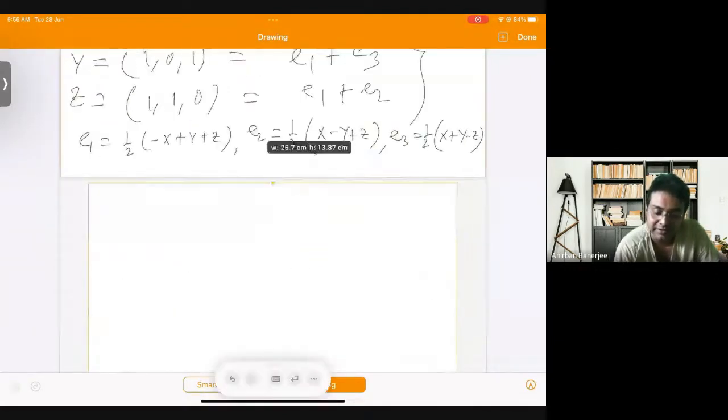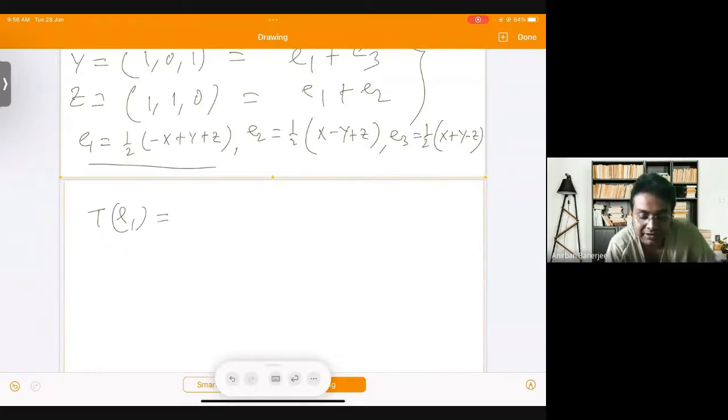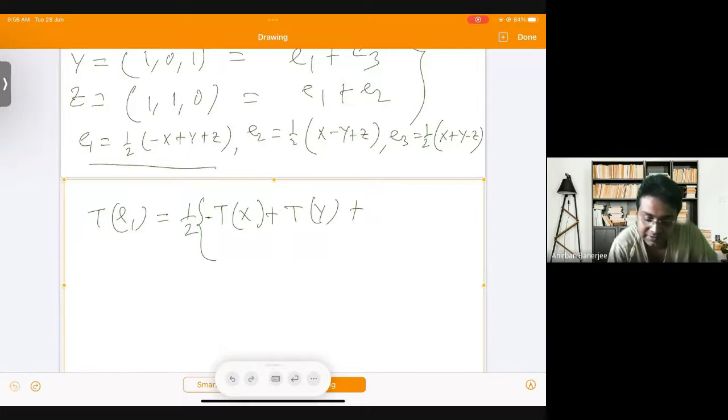Now that we have figured this out, we can apply this linear transformation on E1. Then TE1 will be half of minus T of x plus T of y plus T of z.